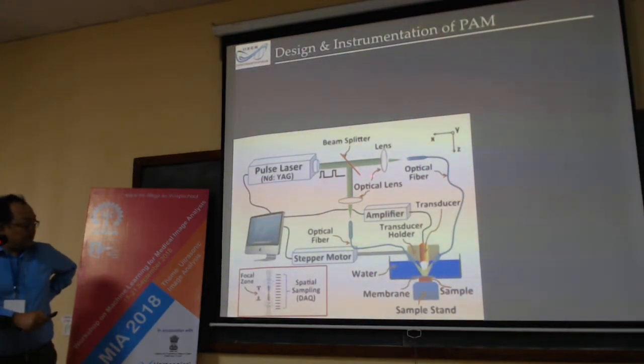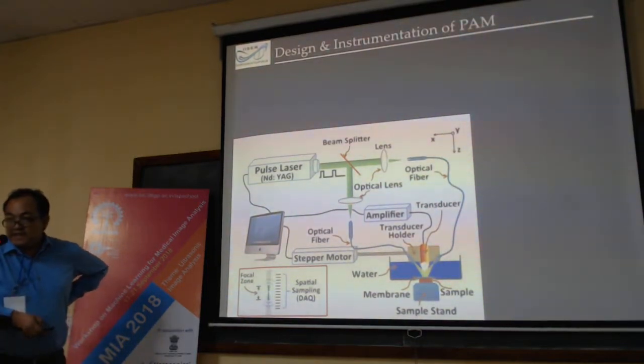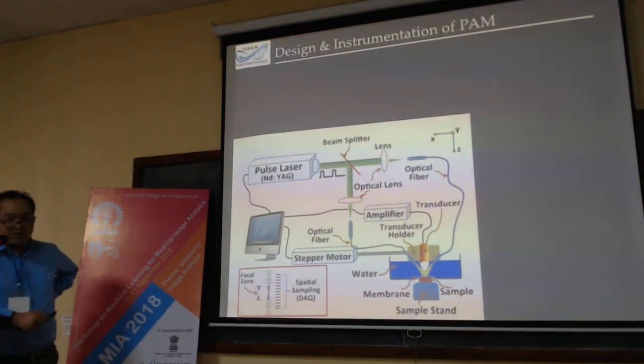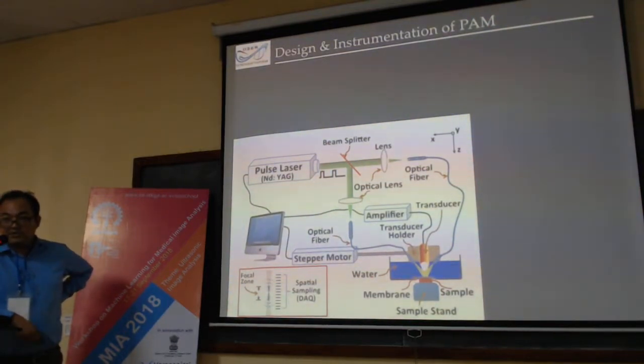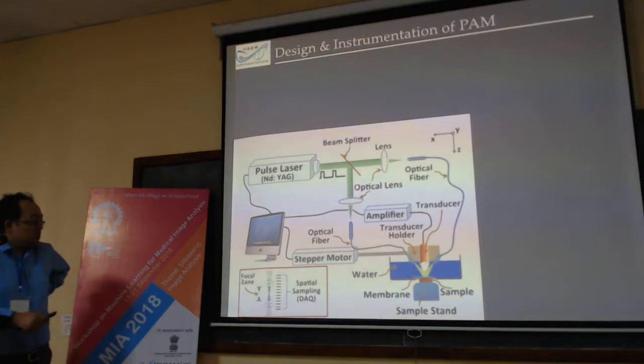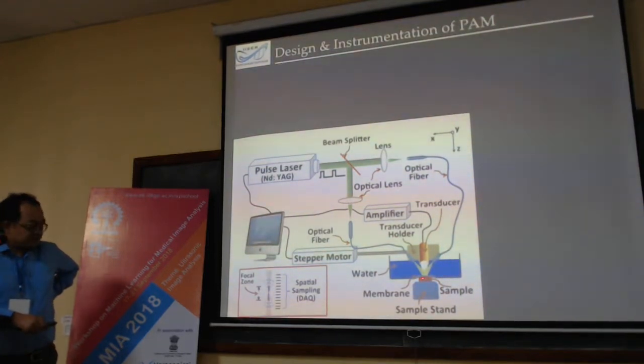Instead, we could have only one. However, by increasing the number, the illumination can be achieved uniformly. That is the idea, at the cost of energy loss and the complexity of the instrumentation. So this is the illumination.